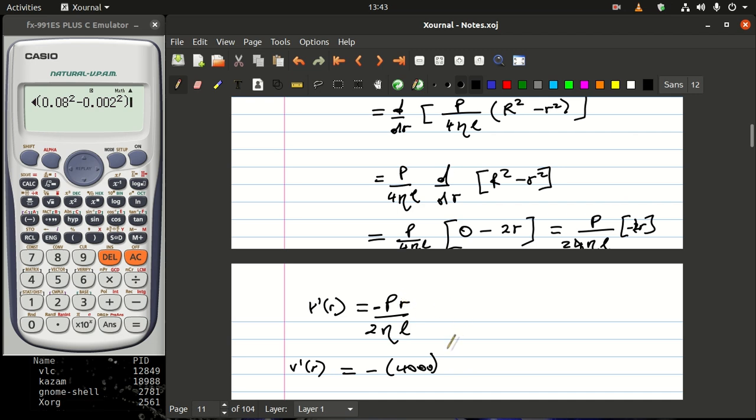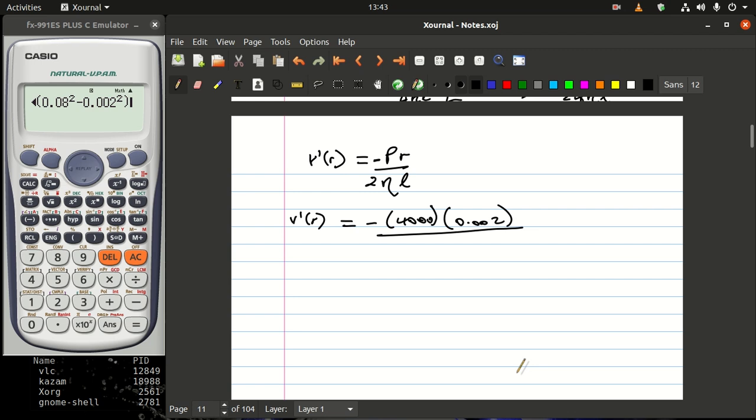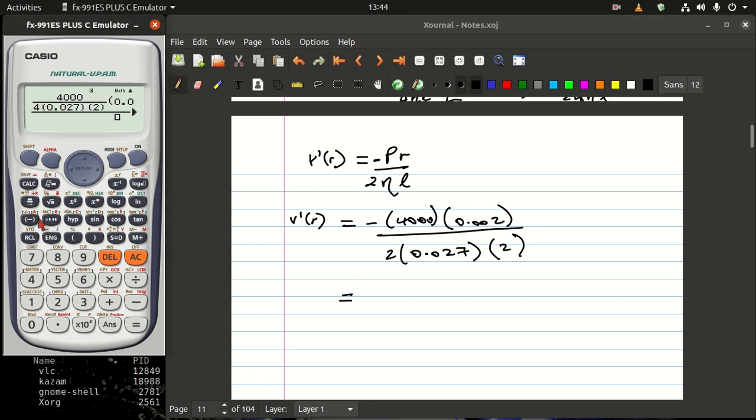You have an r there, and then here you will end up having an r which was 0.002, and then you divide this whole thing, and when you're dividing it, you have a 2. Eta was 0.027, and then here we ended up having another 2 for the length here. So this whole thing will end up becoming, let me plug some values here.